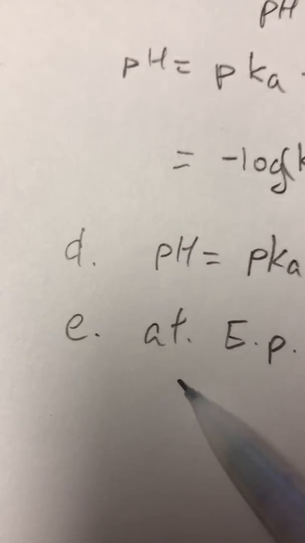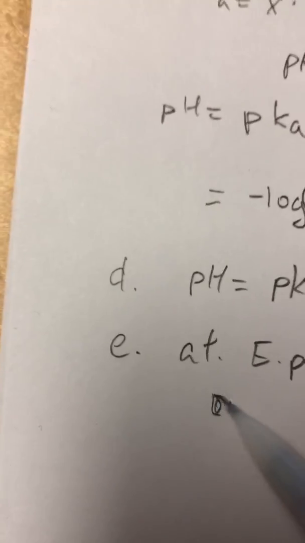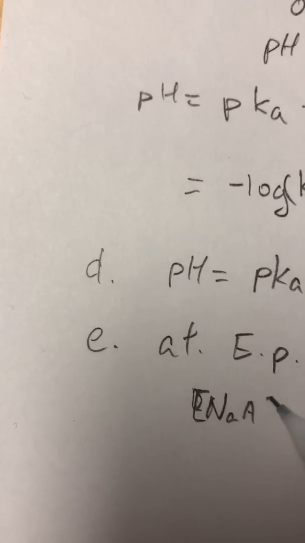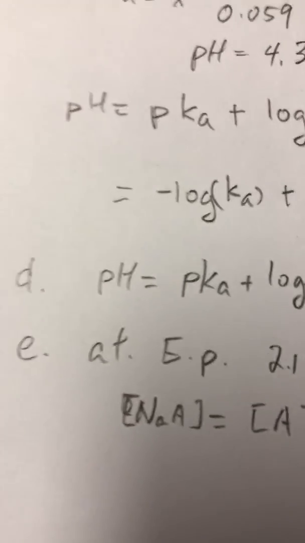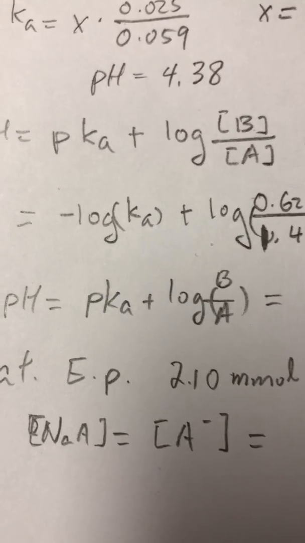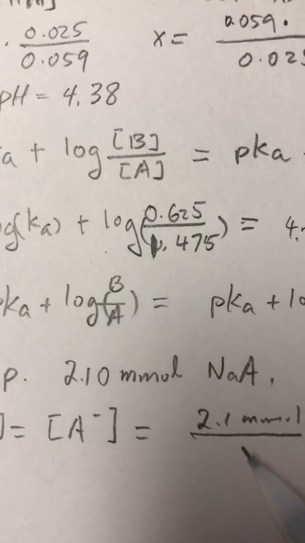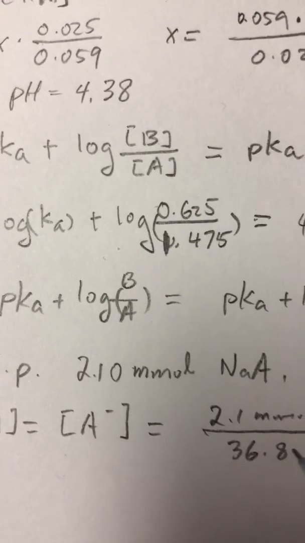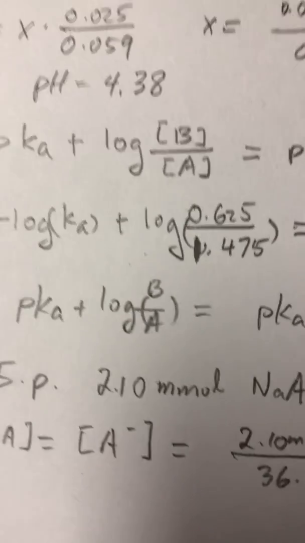The concentration here for sodium A, essentially it is completely dissociated since it's a salt. A minus equals 2.1 millimoles over 36.8 milliliters.